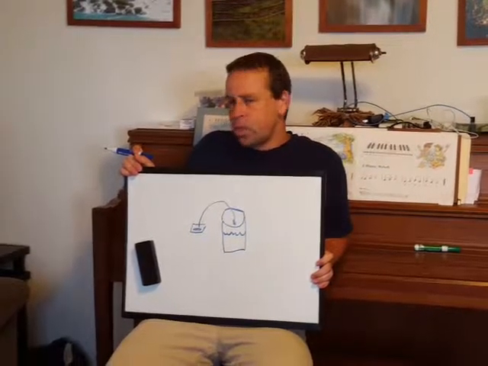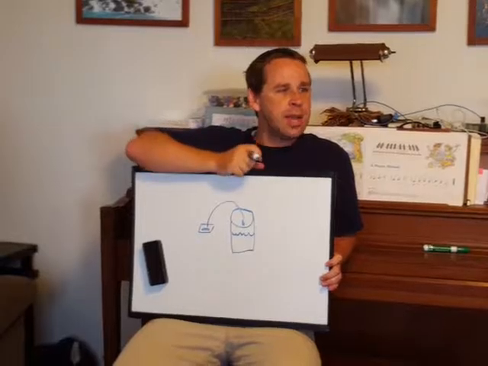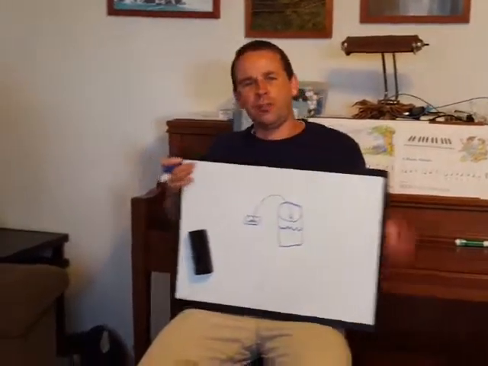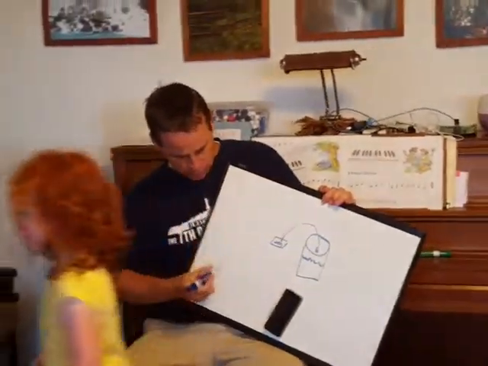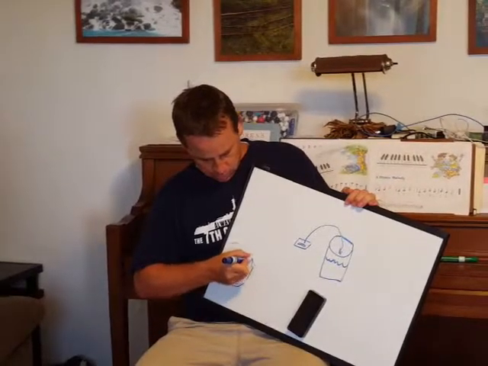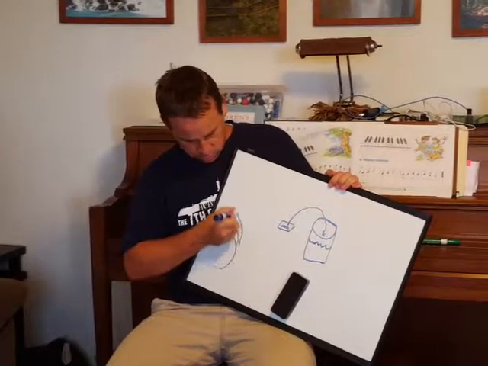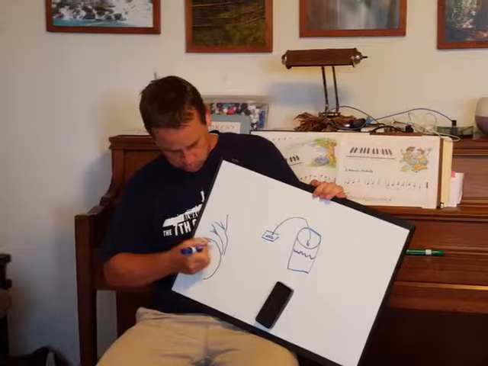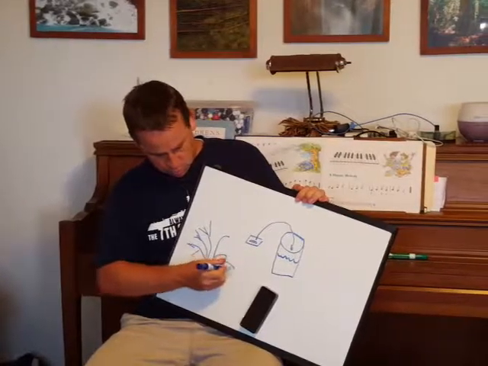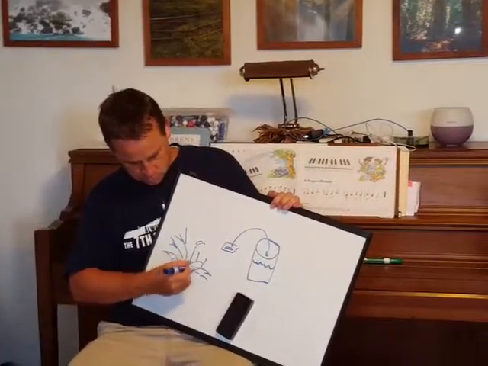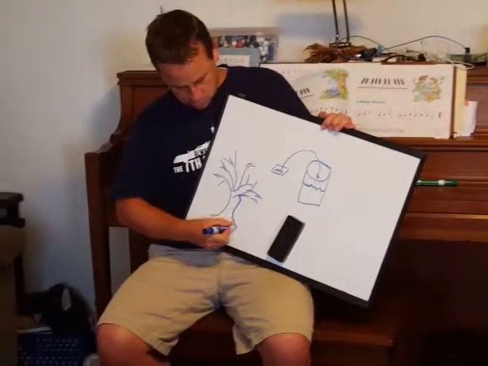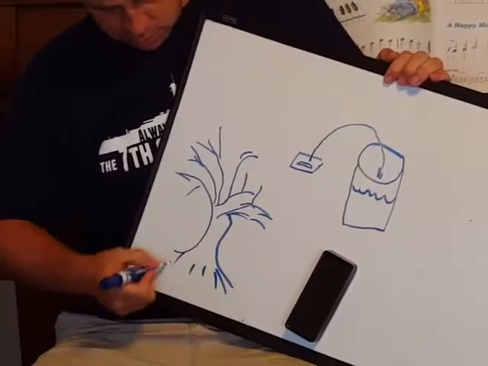Okay? So, there is a branch off of the chemistry tree. Have you guys ever seen the chemistry tree? Here it is. See? All these little branches that come off here. There are so many different branches on the chemistry tree. And there are roots in the chemistry tree as well.